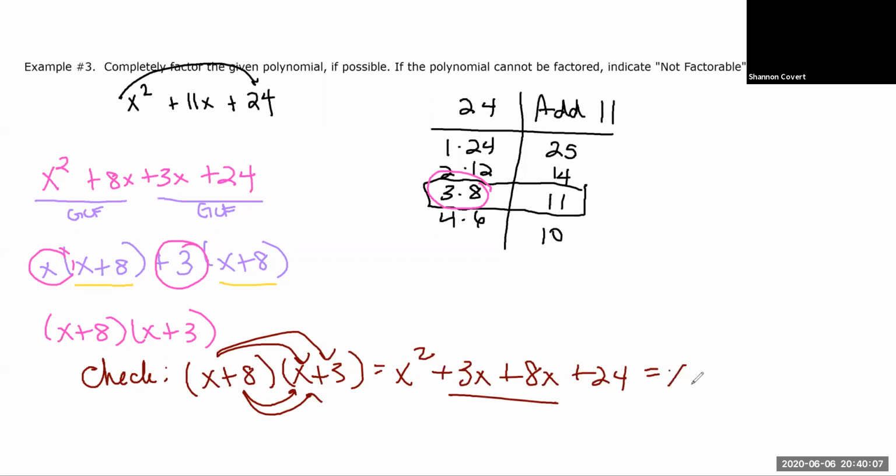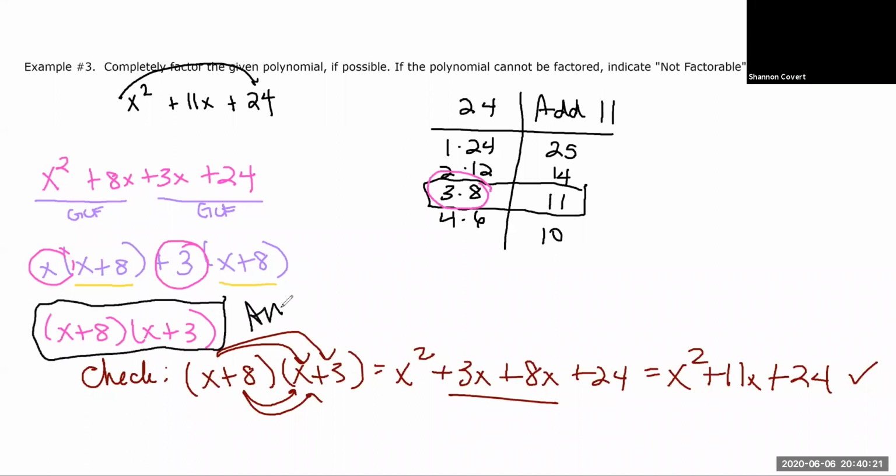Those two are like terms, so x squared plus 11x plus 24, that checks. So we'll come back here and box in our answer, which you would be typing into Hawkes. All right, so let's move to the next example.